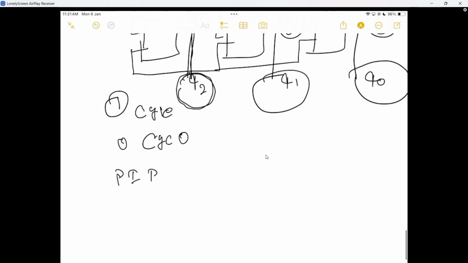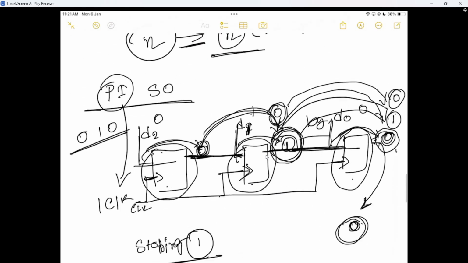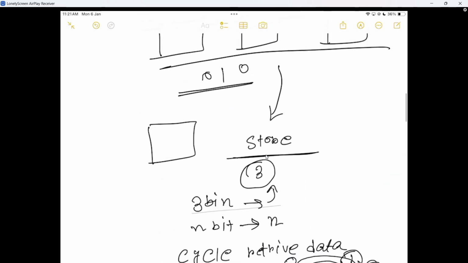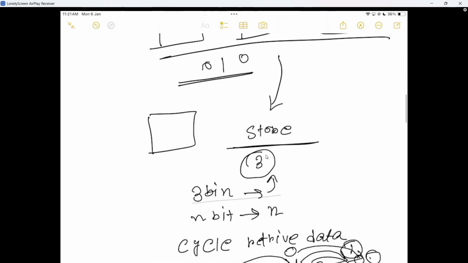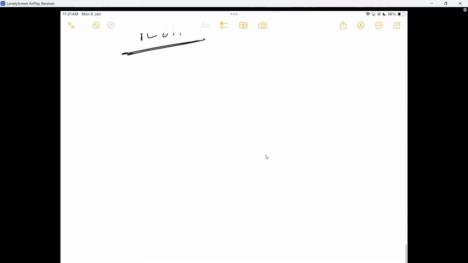Parallel in, parallel out needs only 1 clock cycle, even for n bits. I hope this concept is clear now. If I made any mistake, let me know in the comment section. And yeah, that's all.